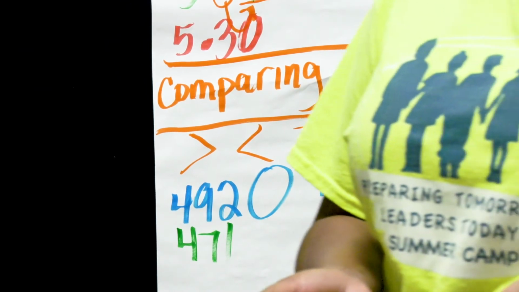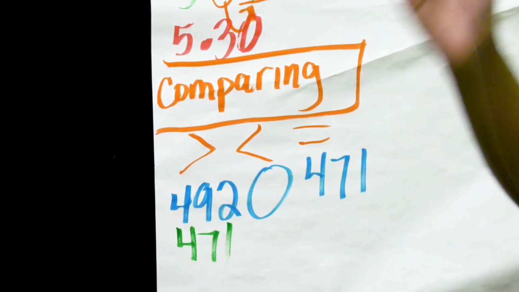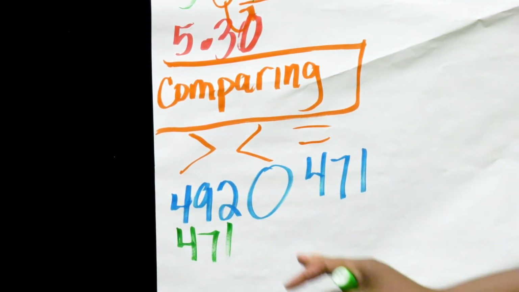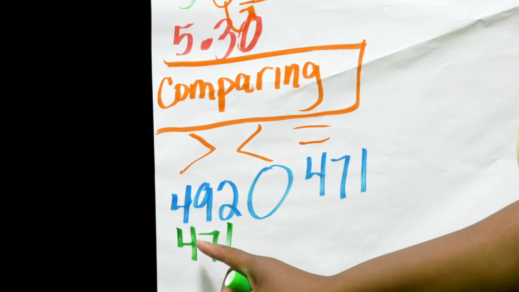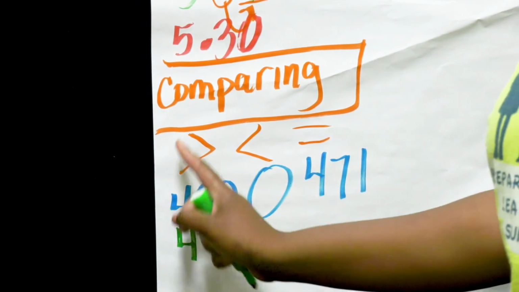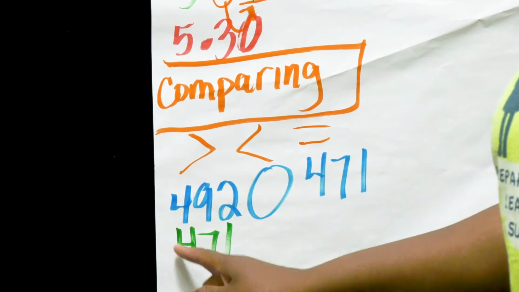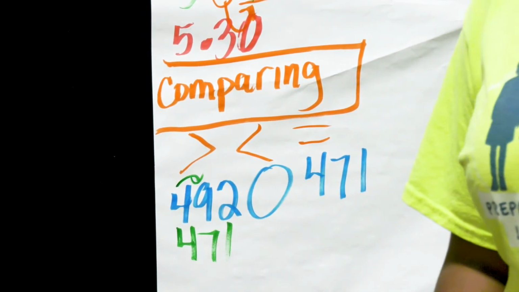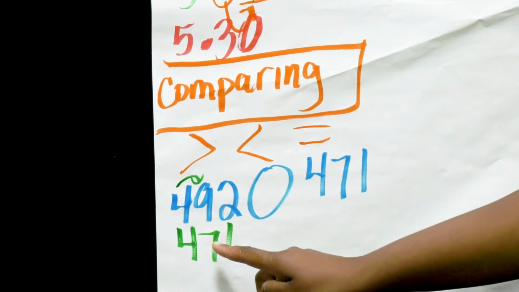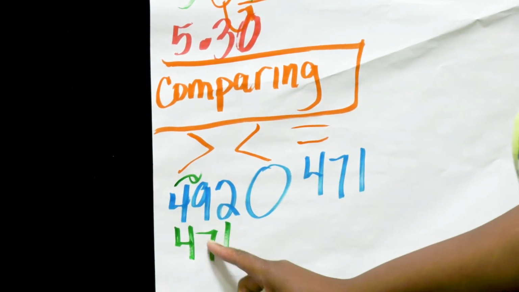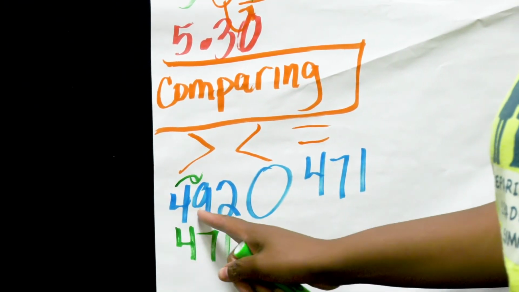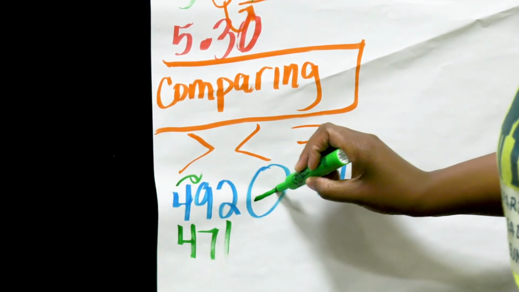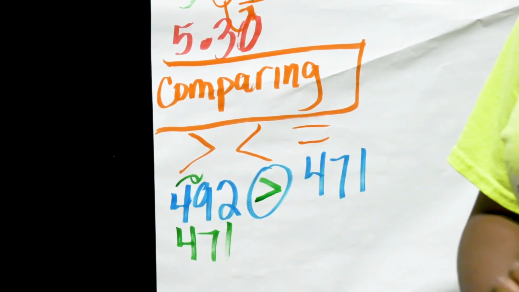This strategy helps if you're not able to quickly observe and figure out which answer is correct. And you start with your place value furthest to the left. 4 and 4 is the same, you move over. 9 and 7 is different. 9 is what? Greater than, less than, or equal to 7. It is greater than. So 492 is greater than 471.